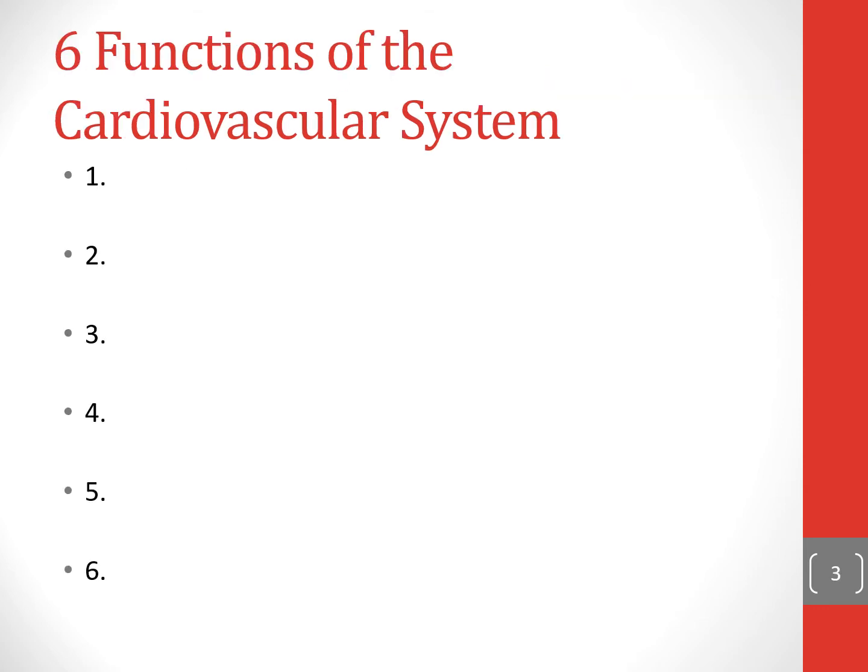So what are the functions of the cardiovascular system? Again, this should be a review for many of you. There are 6 major functions. One would be the delivery of oxygen and nutrients. Number 2 would be removal of CO2 and waste products. Number 3 would be the transportation of hormones.